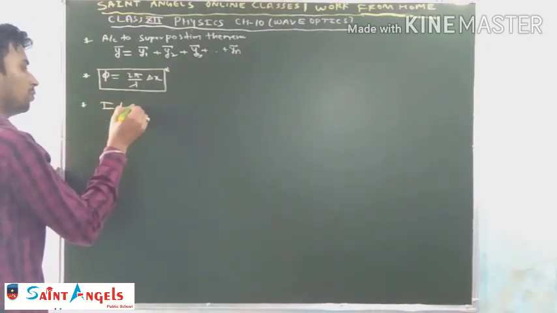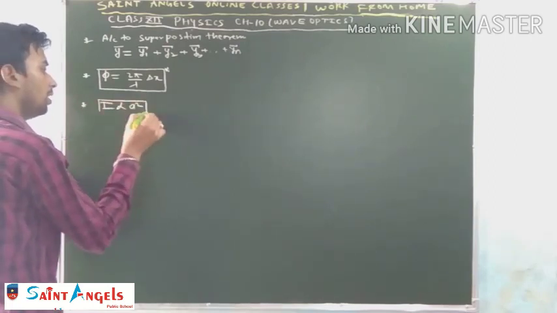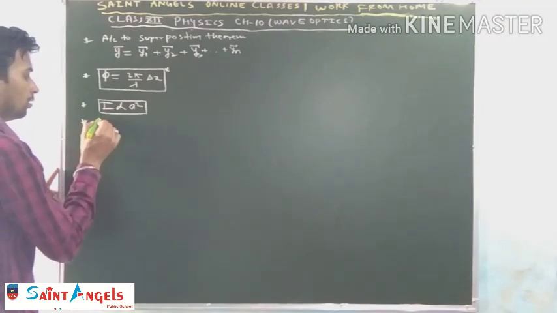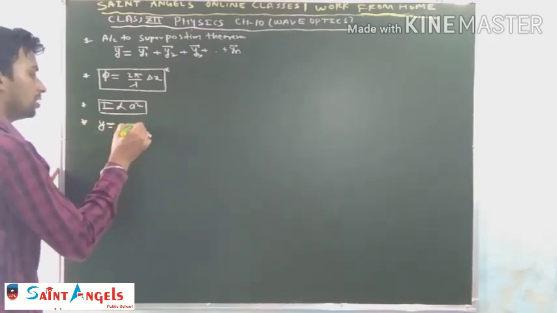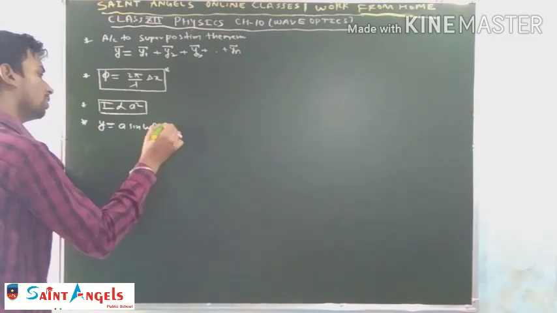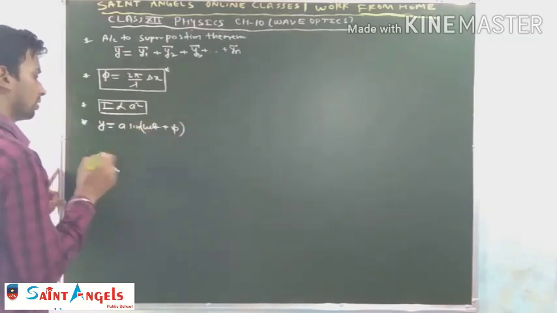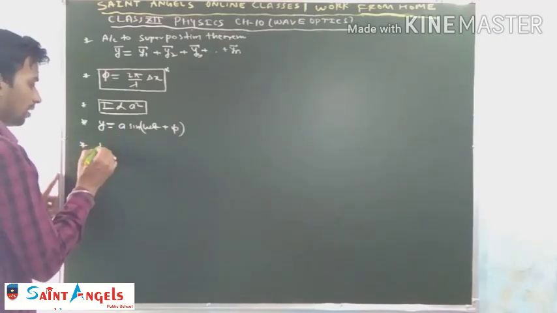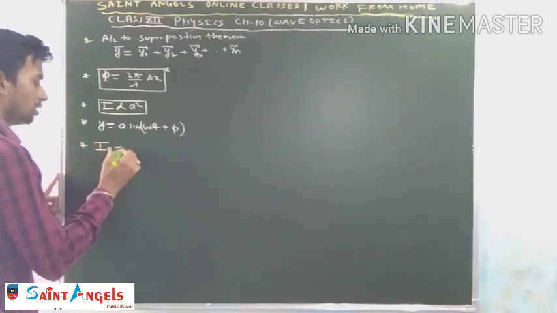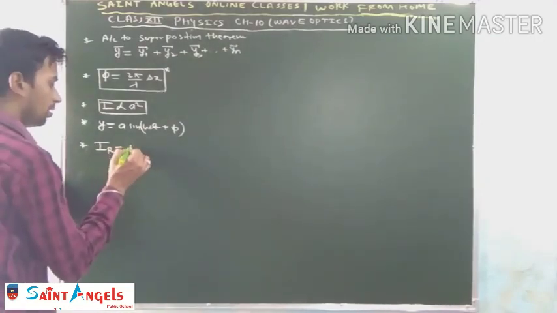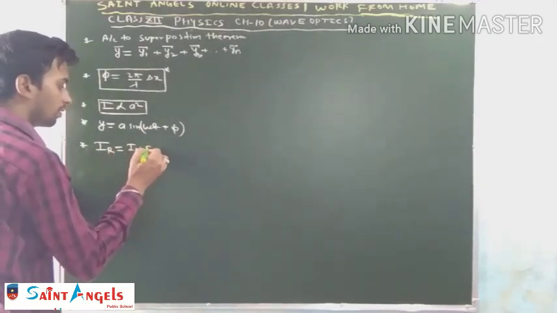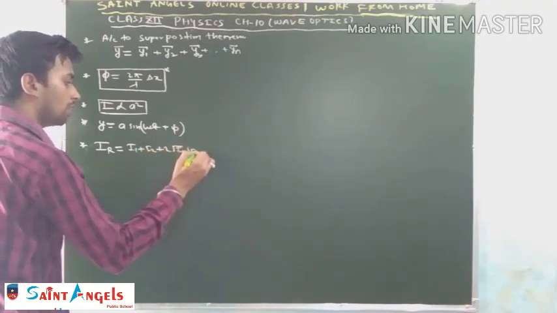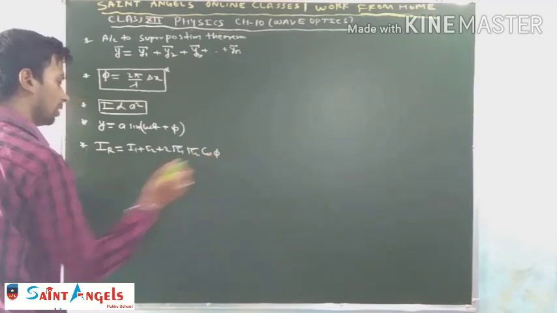Intensity is directly proportional to the square of amplitude. After that, the general equation of wave is A sin omega t plus phi, where A is the amplitude. Resulting intensity as a result of superposition is I1 plus I2 plus 2 root I1 root I2 cos phi.